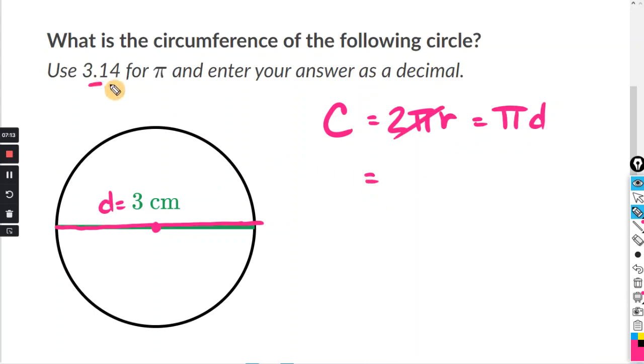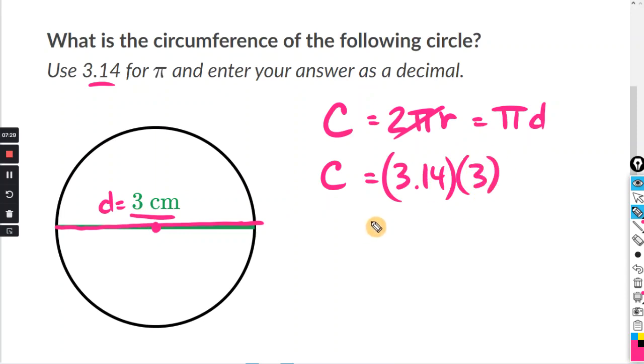We use 3.14 for pi. So C is going to equal pi, which is 3.14, times the diameter d, which is 3 centimeters. Using the calculator, 3.14 times 3, and I get 9.42 for the circumference.